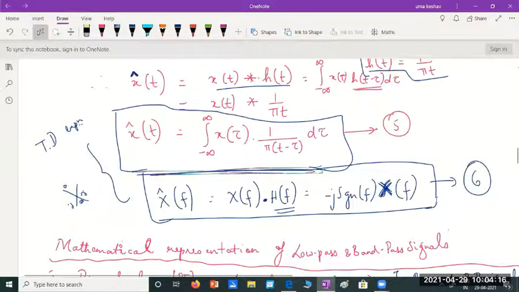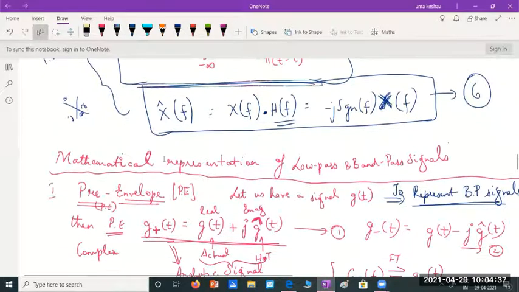We had already assumed H of f as minus j signum of f. So x cap of f is given as minus j signum of f times x of f. Please remember these two basic equations for the time domain expression and the frequency domain expression of the Hilbert transformed signals. Then we went for mathematical representation.